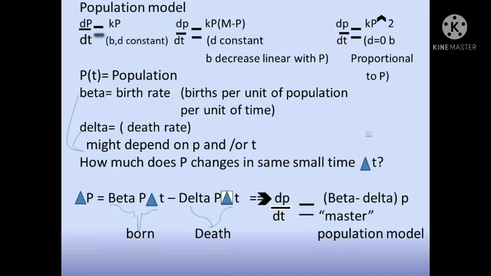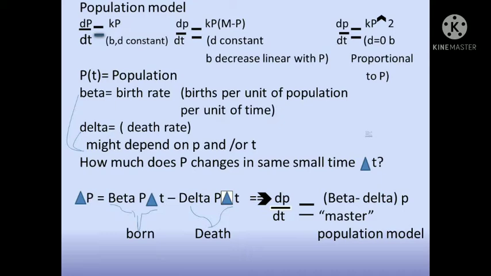Let's call it P(t). Beta is equal to the birth rate. For the population we have a certain number. Now the birth rate is the number of births per unit of population per unit of time.